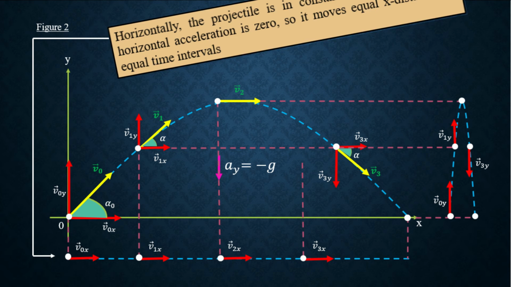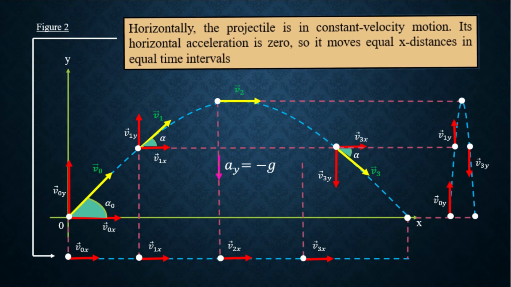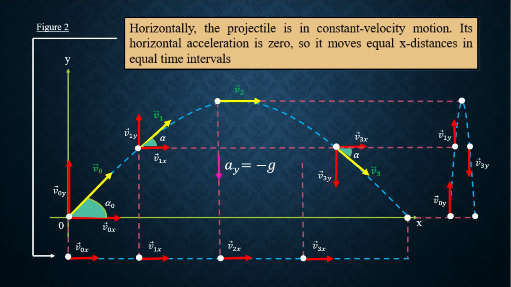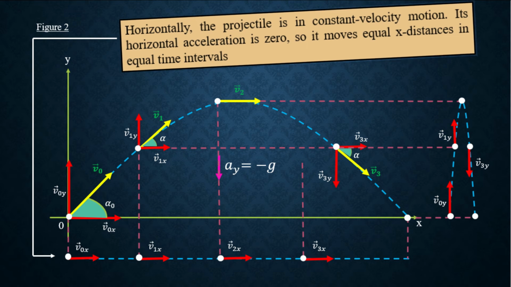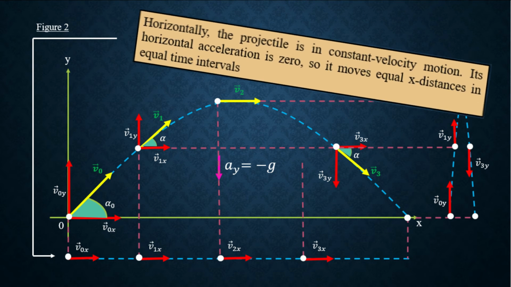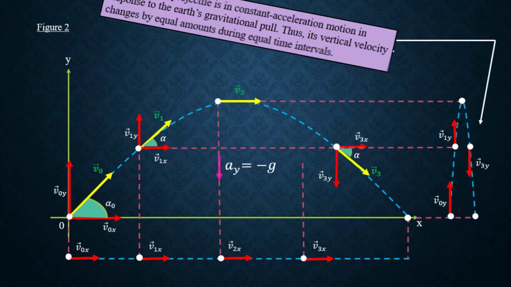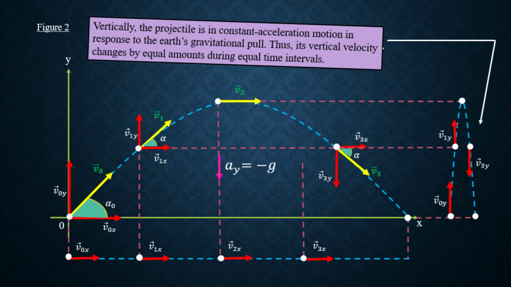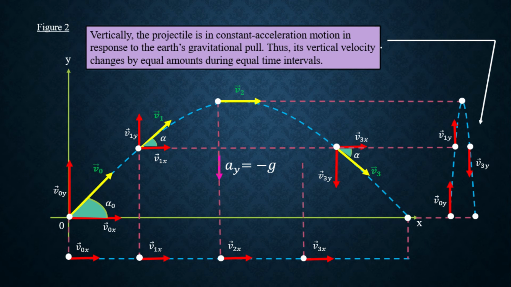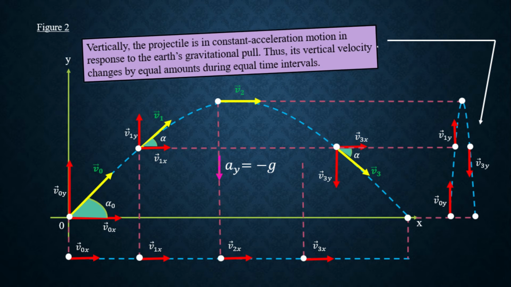Horizontally, the projectile is in constant velocity motion, meaning its horizontal acceleration is 0, so it moves equal x distances in equal time intervals. Vertically, the projectile is in constant acceleration motion, in response to the Earth's gravitational pull. Thus, its vertical velocity changes by equal amounts during equal time intervals.